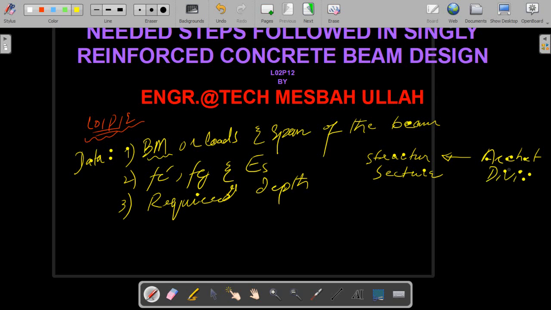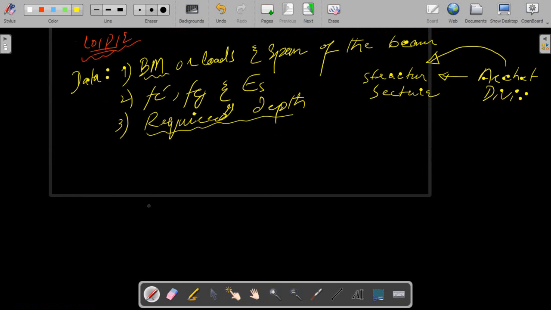An architect designs the architecture of any building, and then they transfer that plan to the structure engineer, and the structure engineer then starts the structure design of that plan. There are some beam widths and depths mentioned by the architect. So if any depths are mentioned, we need that depth, whatever depth an architect needs.